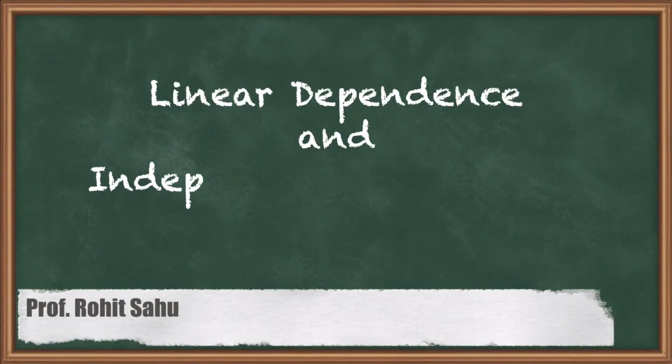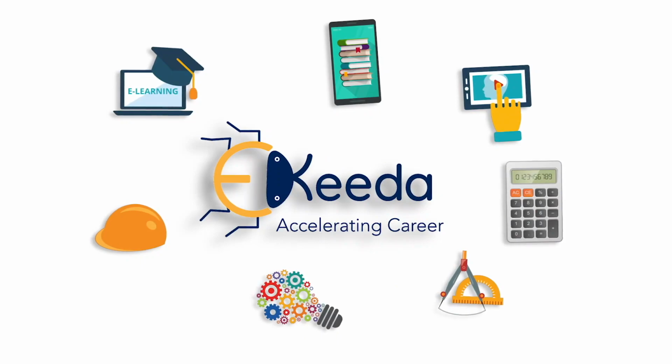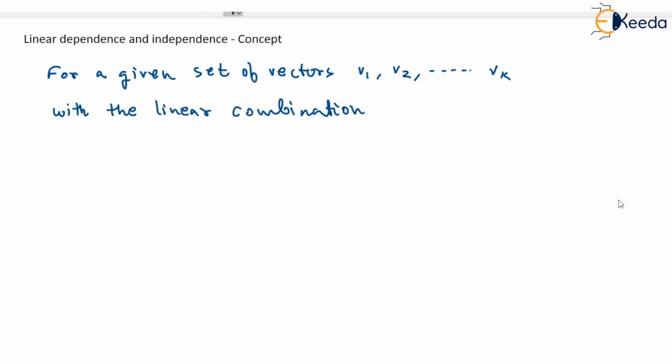Hello everyone. So today we are going to discuss the topic linear dependence and independence concept. So let's say for a given set of vectors, let's say v1, v2 up to vk with the linear combination c1 v1 plus c2 v2 and so on up to ck vk is equal to 0.